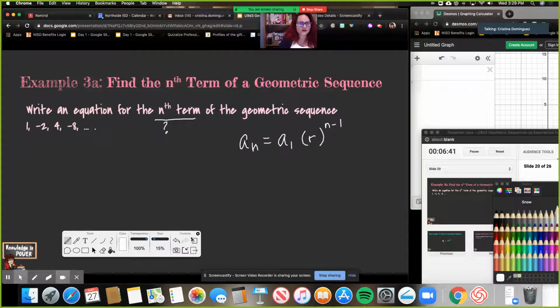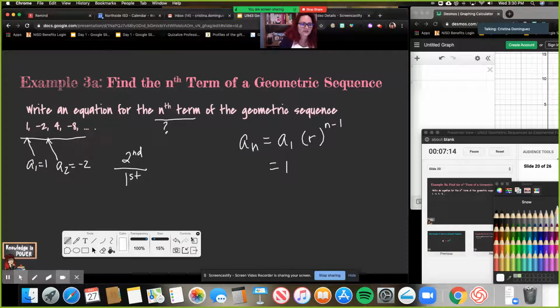Here, we do know a_1. What is a_1 going to be? a_1 is 1. And that one is a_2, equal to negative 2. The 2 there just tells you where it is in the sequence. For the common ratio, the formula is to take the second term and divide it by the first.